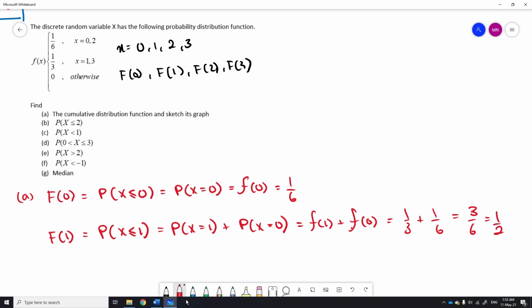The next one is F(2), the probability of x less than or equal to 2.